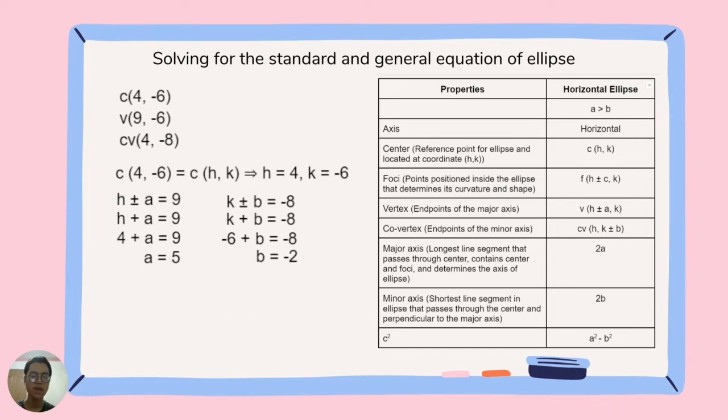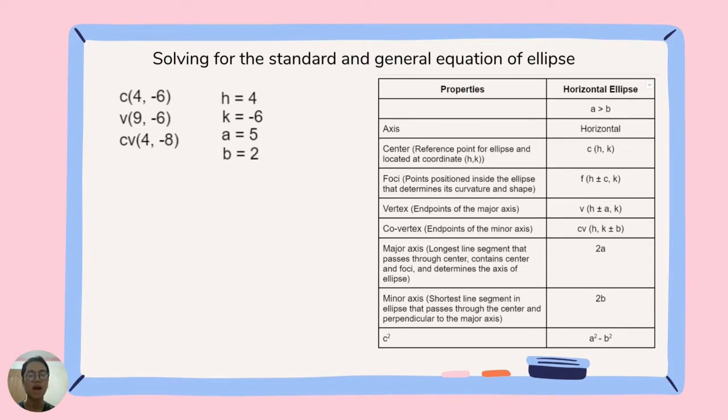So negative 8 plus 6 equals negative 2. Since b is just a distance, we can disregard the negative sign. So b is equal to 2. So we have h equals 4, k equals negative 6, a equals 5, and b equals 2.